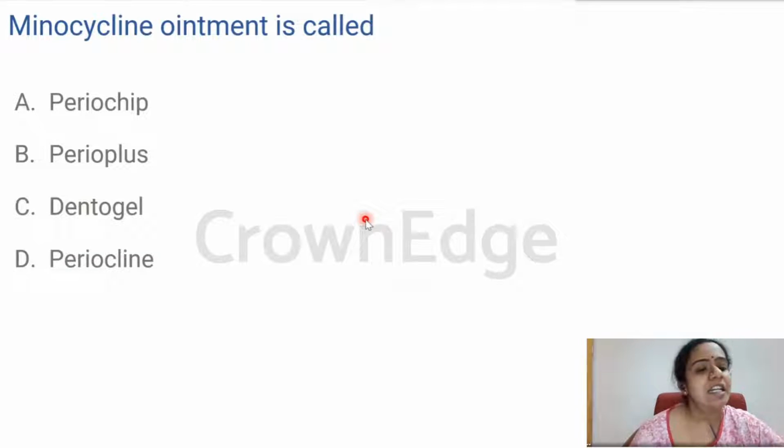Minocycline ointment is marketed in the name of, just one piece of info here. We had a few options in the previous question, right? Minocycline is available as almost everything: the ointment, the gel, in the form of microspheres. And the ointment is called what? That is the next question.